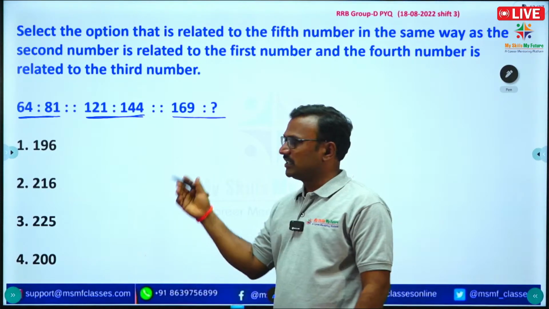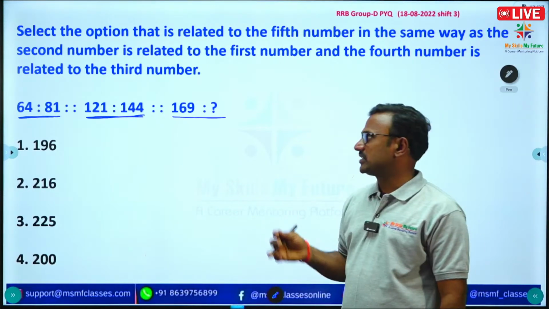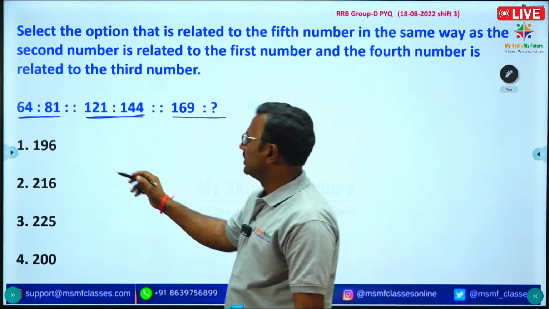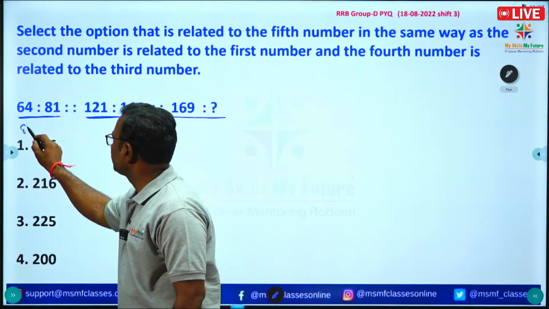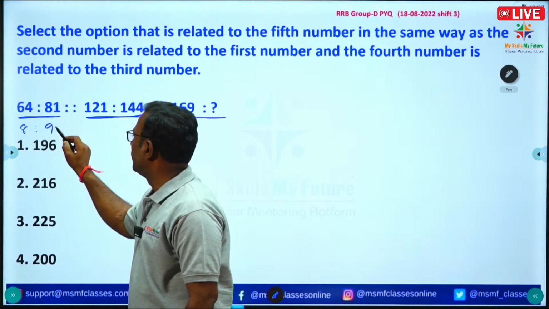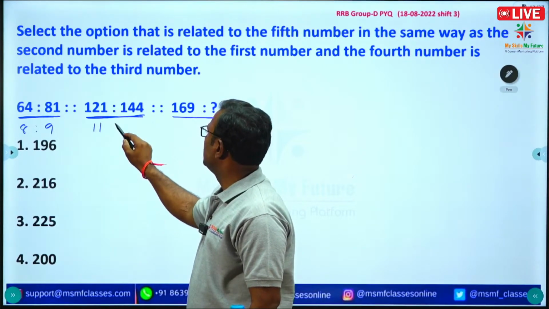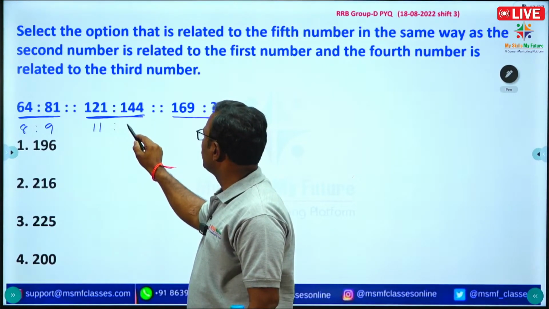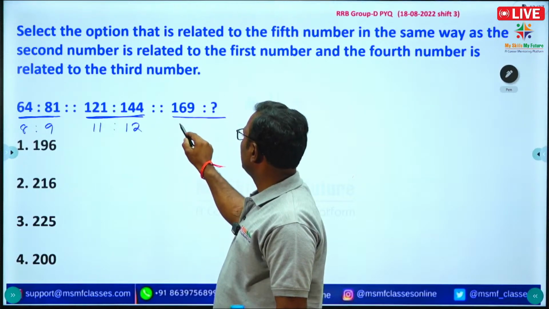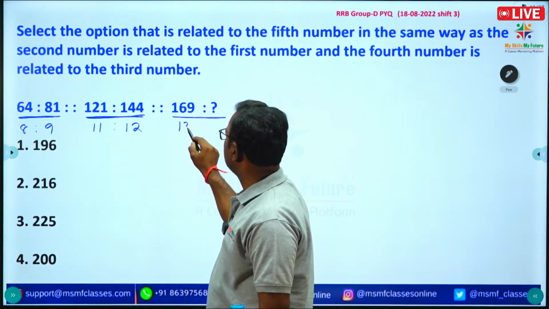If you see, all the numbers are perfect square numbers. This is 8 square and this is 9 square. This is 11 square and this is 12 square. This 169 is 13 square.